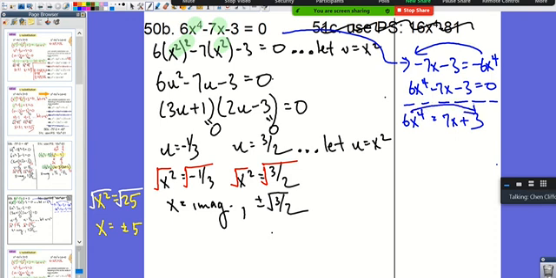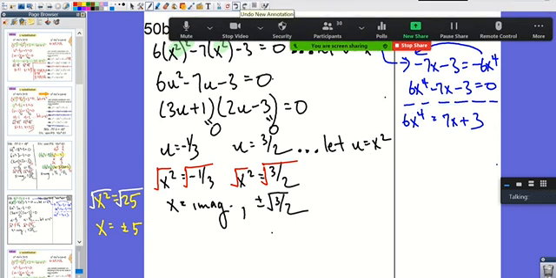I would not do that. Okay, because that will mean that you get negative 6x to the power of 4 on the other side. I would move these over there. So you will get 6x to the power of 4 minus 7x minus 3.